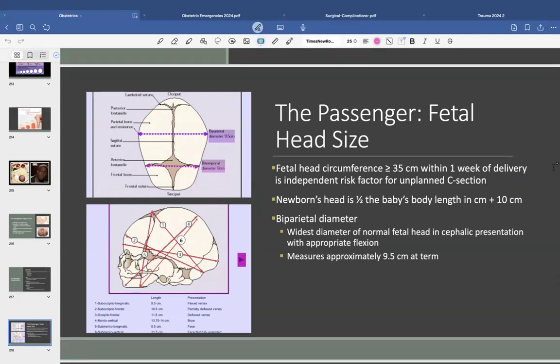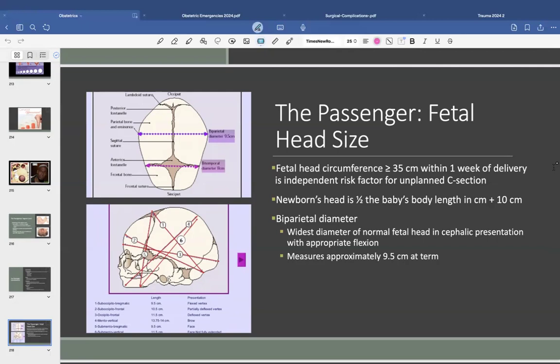The baby just might not get out of the pelvic inlet. There is a number system that they use. The newborn's head is half of the baby's body length in centimeters plus 10 centimeters. I put an example in the note for you of how to measure that. I don't know if you would ever have to do that, but that's something just to be familiar with.